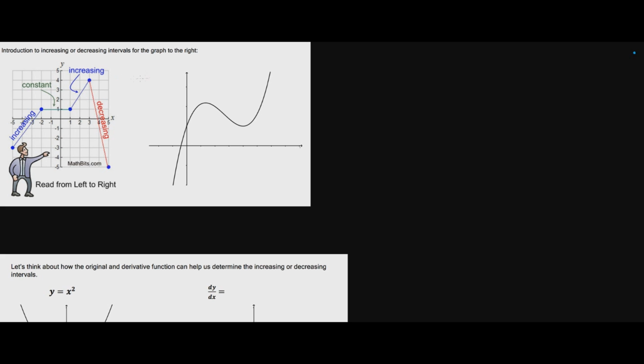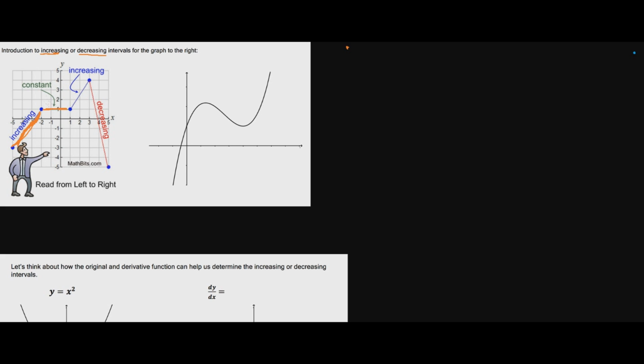So in case you didn't know, I took this little diagram that I found online. Anytime you want to find when something is increasing or decreasing, you just have to know when it has positive slope. So notice right here, it's a positive line, right? Positive slope means it's increasing, that's all. Notice right here, this does not have any slope.